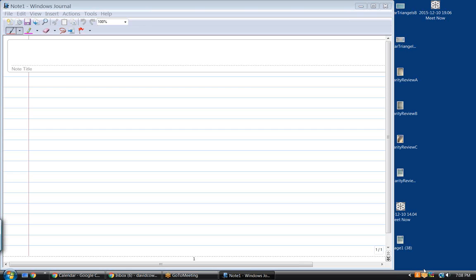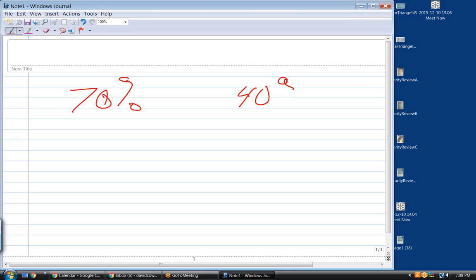Okay, so this might be an easy one, but I'm not sure. How many liters of a 70% alcohol solution must be added to 50 liters of a 40% alcohol solution to produce a 50% alcohol solution? Okay. How many liters are we starting with of a 40% alcohol? Oh, 50. Okay, so there's 50 liters of that.